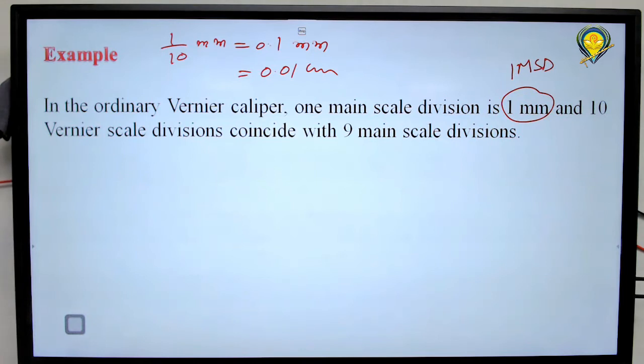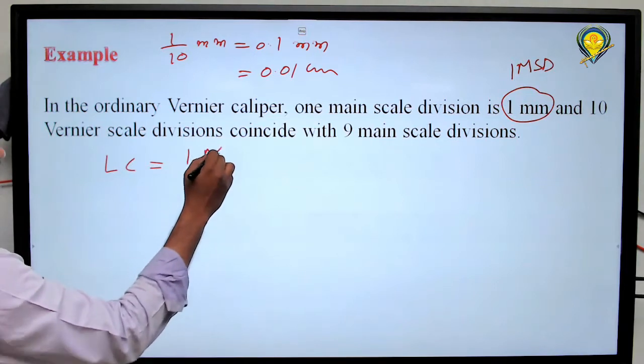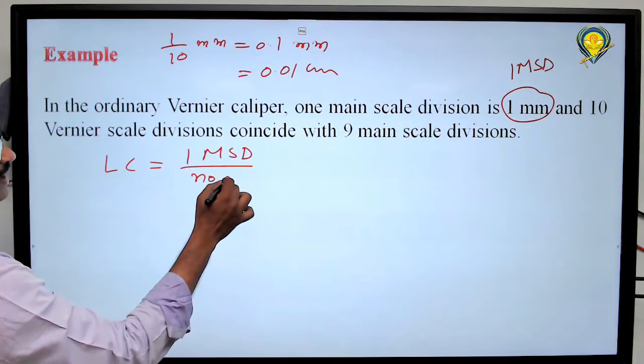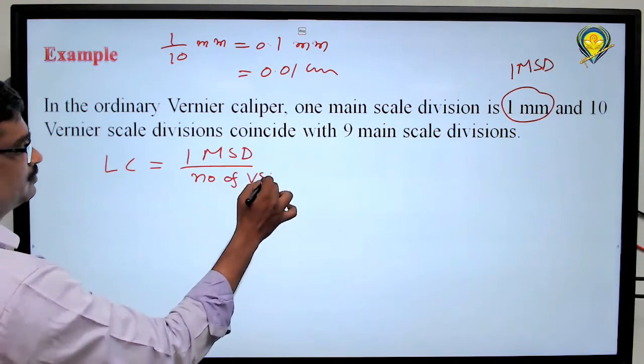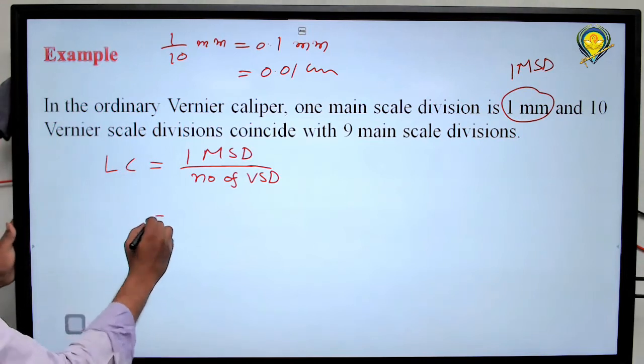How are you going to solve? What is the formula for least count? One main scale division by number of vernier divisions. Can I write like this? What is the value of one main scale division? 1 mm. Substitute.